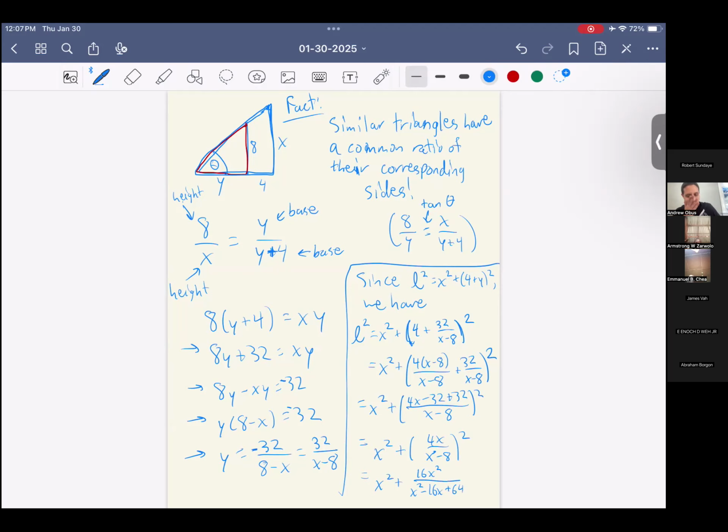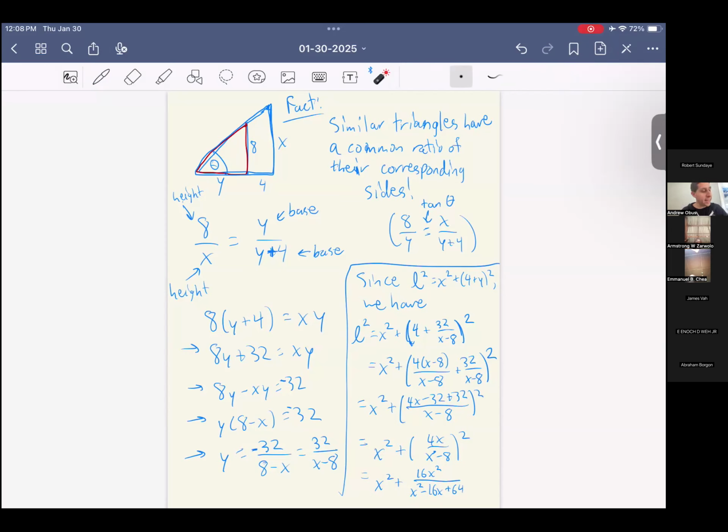Okay, so this is the function that we want to minimize. Or at least, L is actually the square root of this. I want to drive home that we have not done any calculus yet at all. All that we've been doing is algebra.